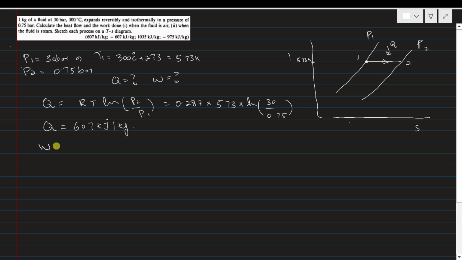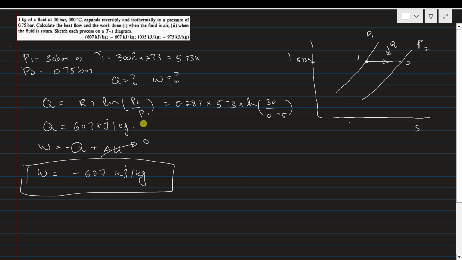So the work done will be equal to the heat supplied, but in negative value because the work is done by the system, plus change in internal energy. In an isothermal process the change in internal energy is 0. So the work done by the system is minus 607 kilojoules. All the heat that you supply to this system is converted into work done by the system. And these are our final answers.